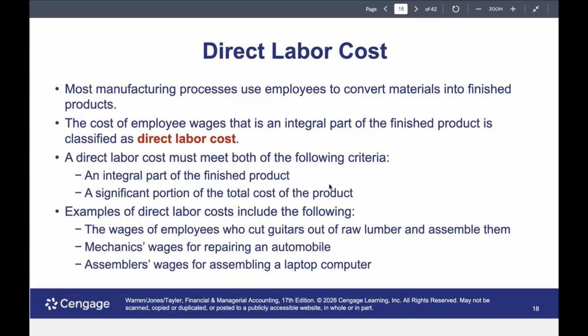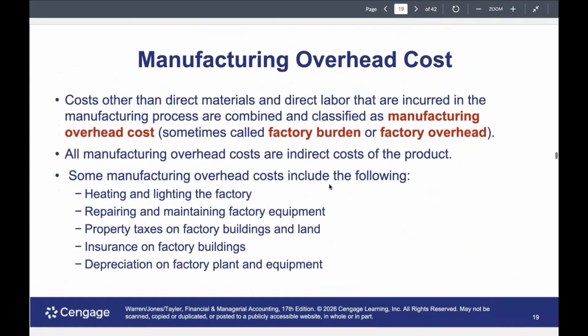Okay, these are examples of direct labor costs. So we have direct material and direct labor that are direct costs. So then, if these are all direct costs, do you think manufacturing overhead is direct or indirect? If you said direct, you are incorrect. Okay. Manufacturing overhead costs are indirect costs. Okay.